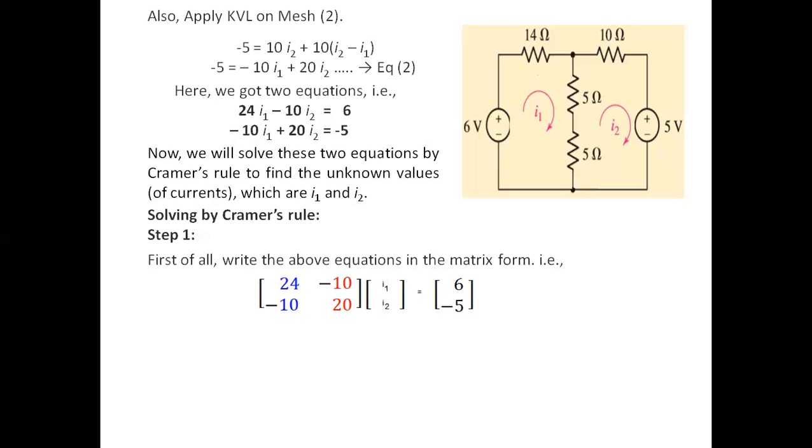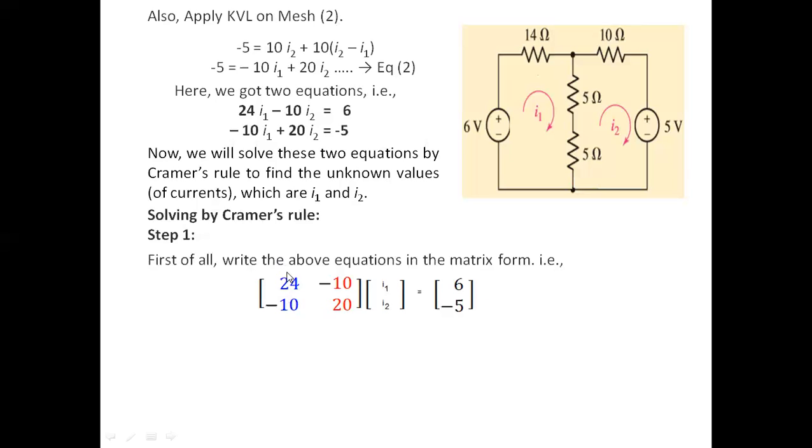In Cramer's rule, first you need to find the determinant of the square matrix, and second, whichever one you want. Suppose you want to find I1, you need to find delta 1. That means in place of the first column, replace these values with these.